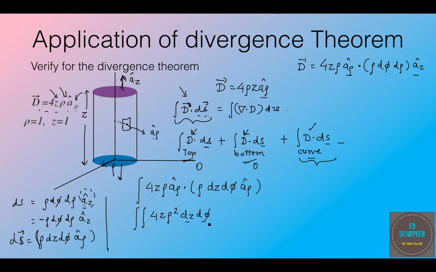So what we will do is we will compute the integration with respect to phi first, and then with respect to dz. So if you do the integration with respect to d phi, the additional term that we get is 4z rho square phi for the limits 0 to 2 pi. As this is a complete cylinder, the phi value would be from 0 to 2 pi.